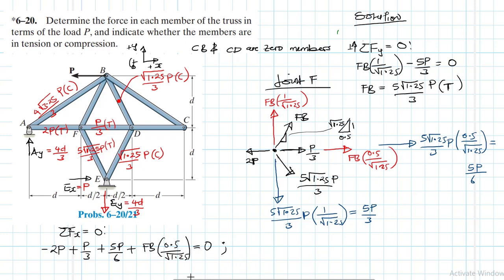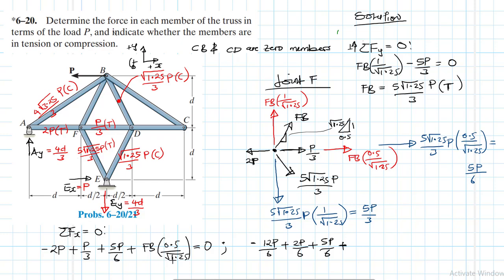So let's look at this one. The minus 2P, we want to add it together, so this one can be equal to minus 12P divided by 6 plus 2P divided by 6 plus 5P divided by 6 plus, since we already know what FB is, we calculated FB, we say it is 5 root of 1.25 over 3.